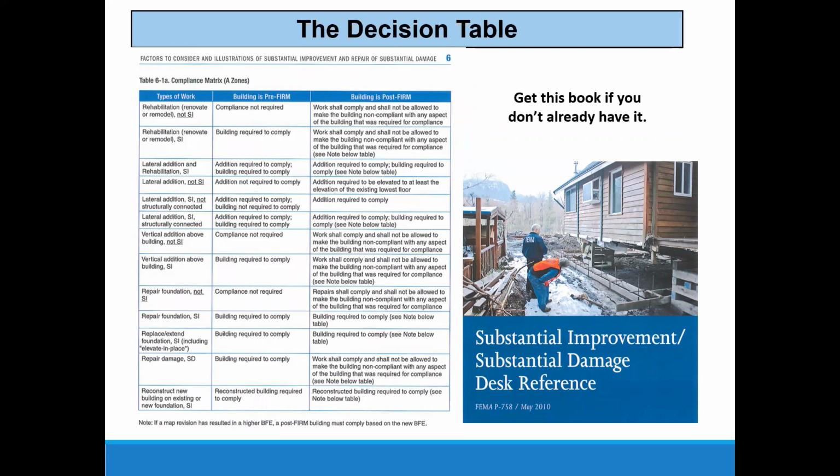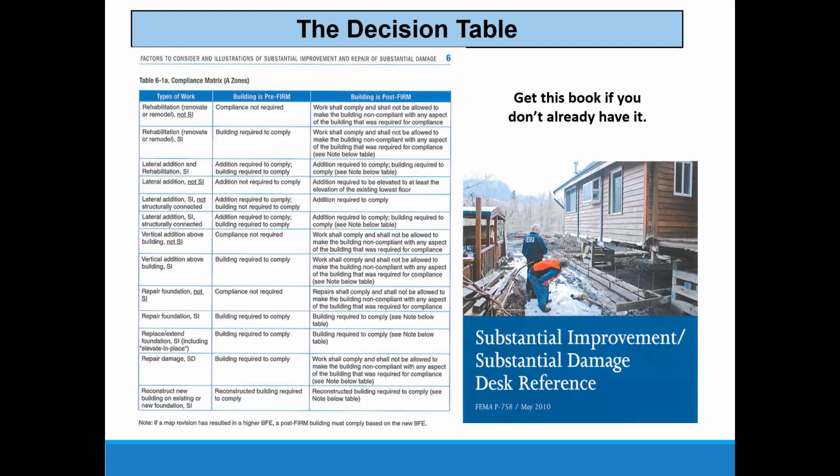So on here we can see a lateral addition that is substantially improved and structurally connected. So that would be our first example. And that addition is required to comply, and the building is required to comply. So this is really good to help us evaluate permits when we're determining whether it's substantial improvement or substantial damage, to have this and know what the compliance requirements are, because this was really hard for me to understand at first.